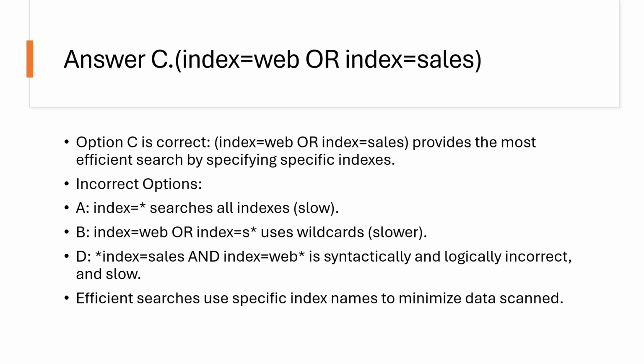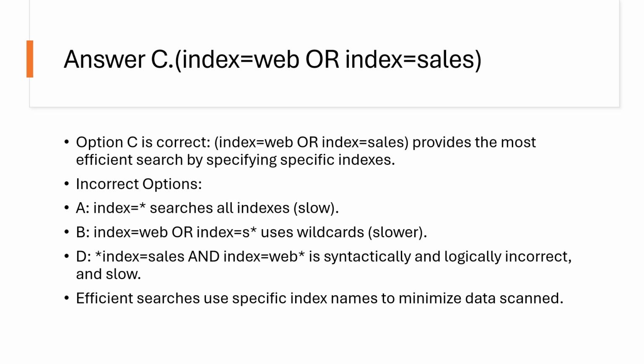Wildcards force Splunk to scan more indexes than necessary, slowing things down. Option D is just plain wrong. First, the syntax is off. Second, an event can't be in both the sales and web indexes simultaneously. Plus, the leading asterisk will slow the search down.